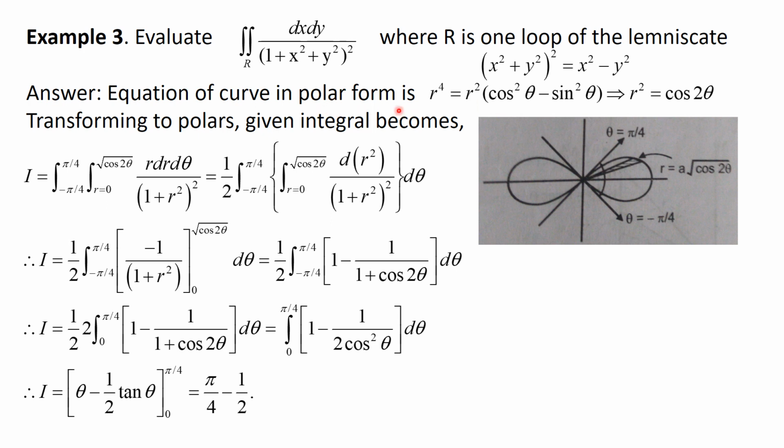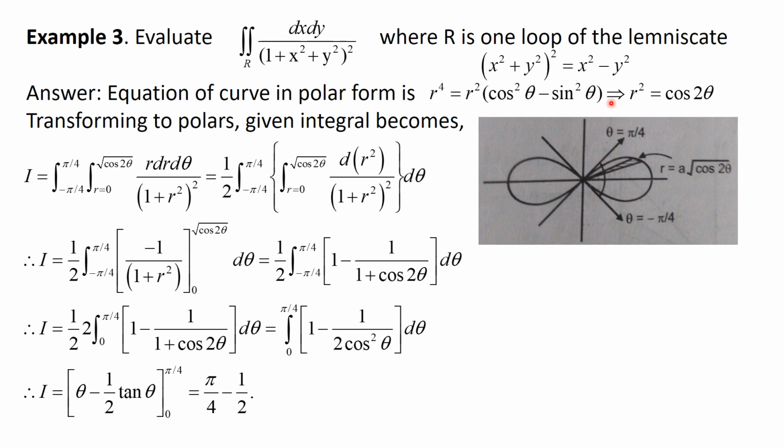The equation in polar form: x² + y² is nothing but r², so the left-hand side reduces to r⁴. x = r cos θ gives r² cos² θ, and y = r sin θ gives r² sin² θ. Simplifying this relation gives r² = cos 2θ.